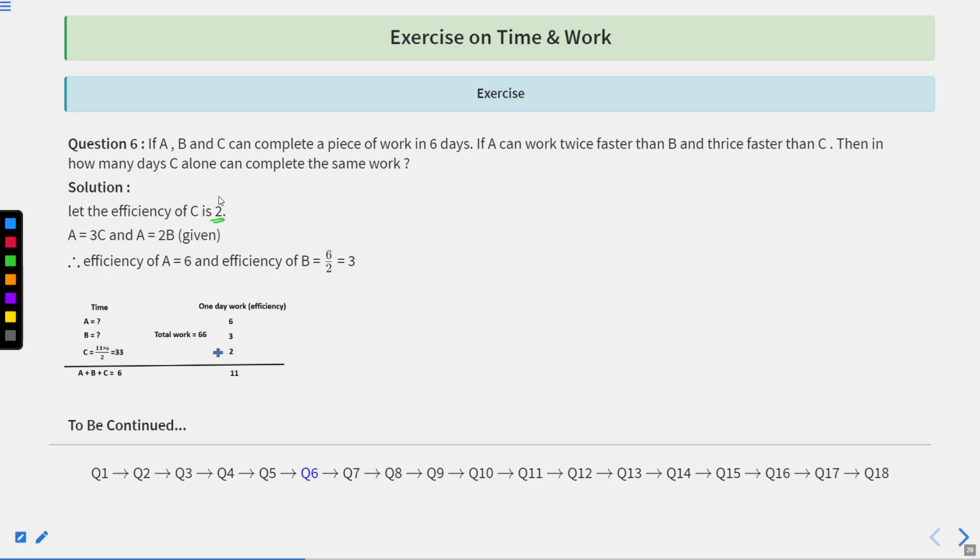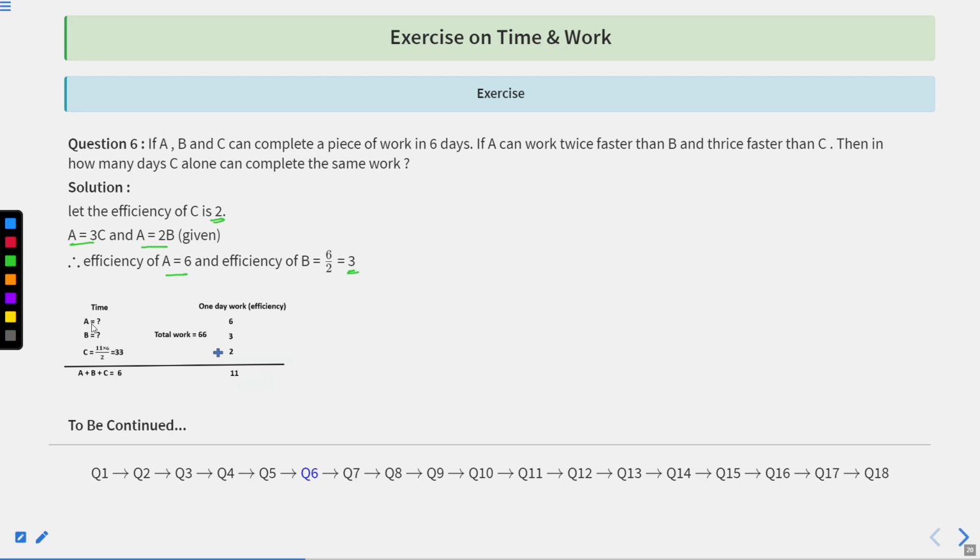So using efficiency of C, we can obtain the efficiency of A and B. So the efficiency of A is equal to 3 times C. This is given in the question. And also it says efficiency of A is twice B. That means efficiency of A is 6 whereas efficiency of B is 3.